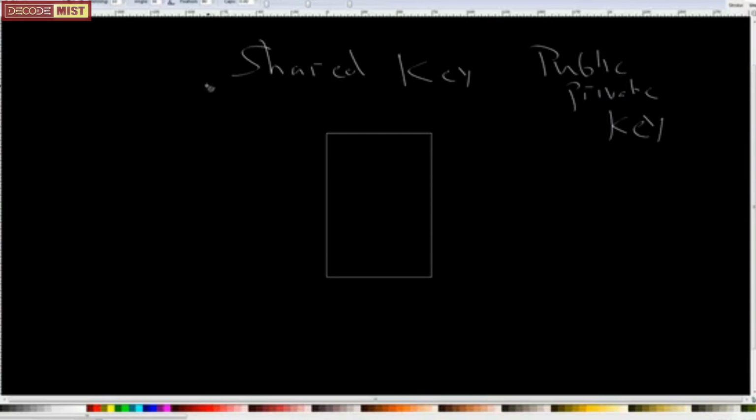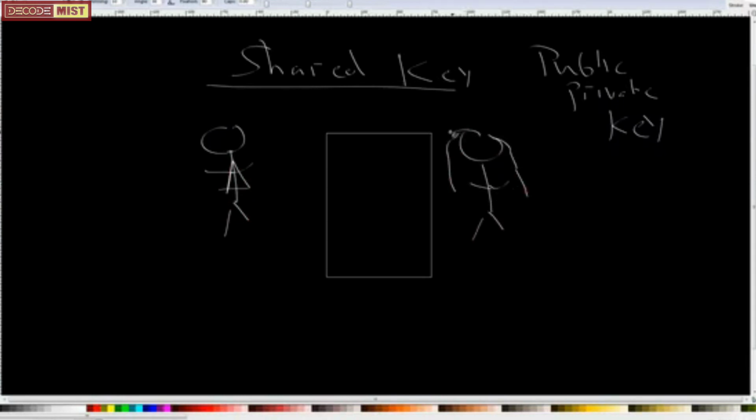Let's begin with the shared key. In the shared key case, Bob and Alice meet up at the park. They go somewhere, and they decide on a secret key K. Okay, so we'll write secret right here.